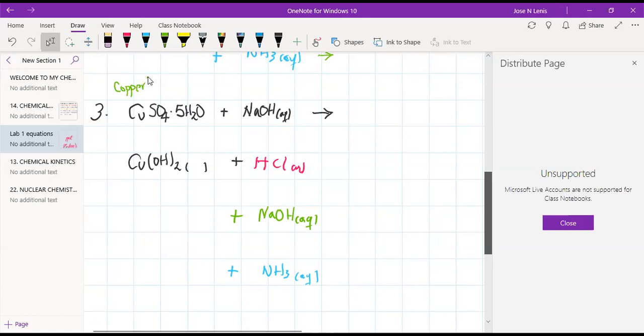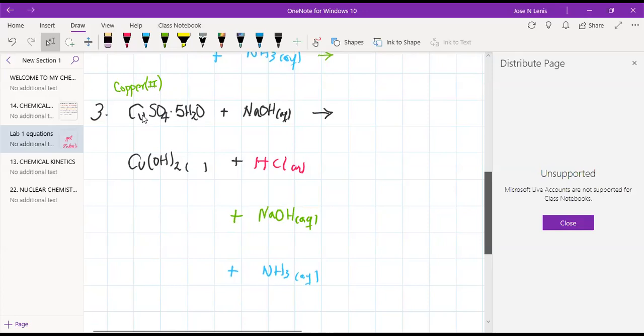Transition metal. So we have to write the oxidation number for that transition metal here in this compound. Remember, copper can work as copper 1 or copper 2, right? It's a transition metal, can have 2 different oxidation numbers.